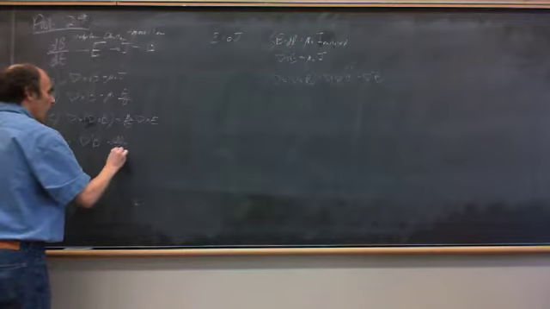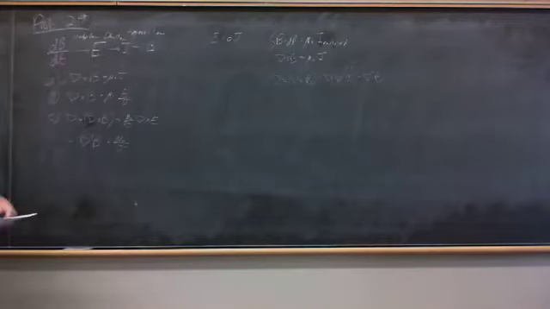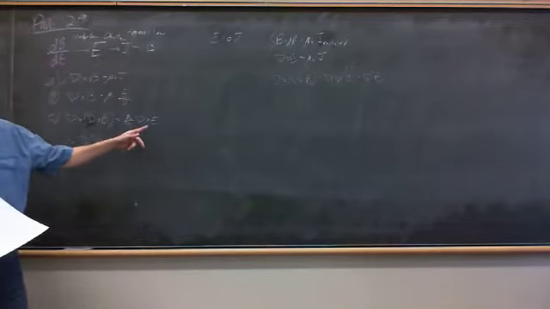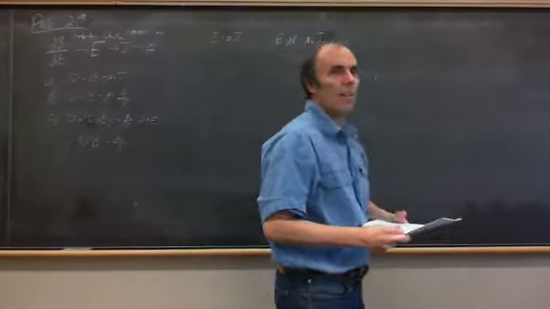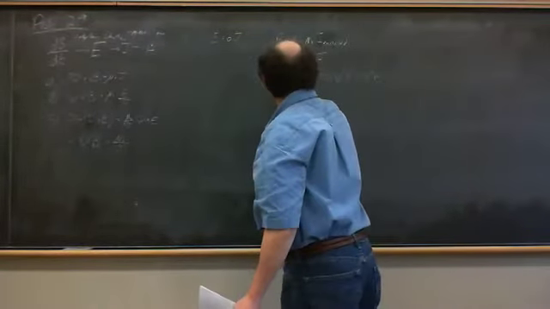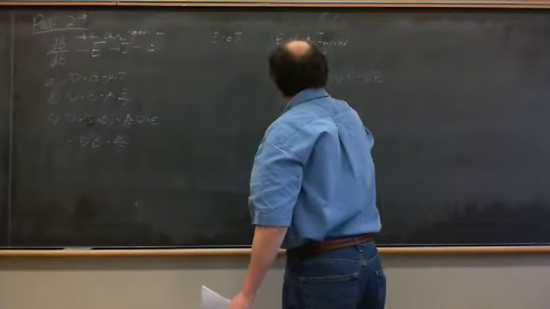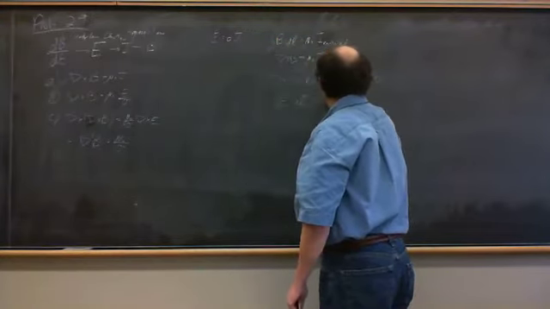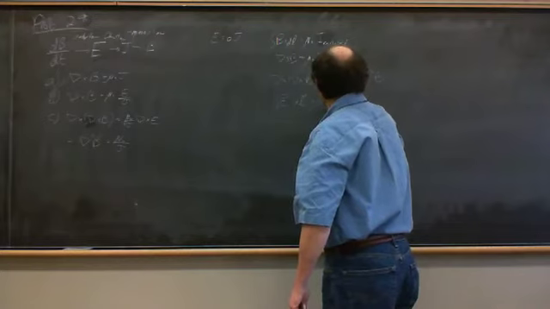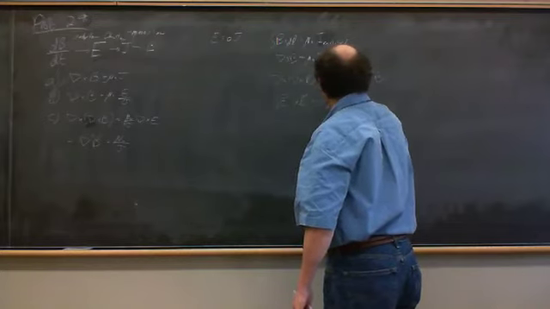Okay. Does anybody remember what Faraday's law is written in differential form? Here's Faraday's law in integral form. It is equal to minus d/dt of the magnetic field times the area.